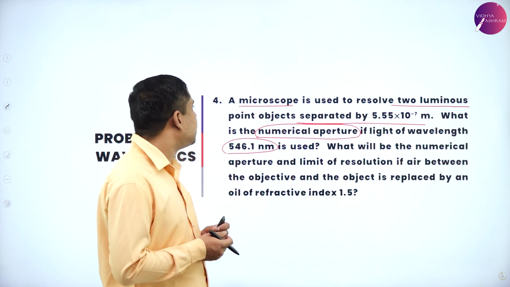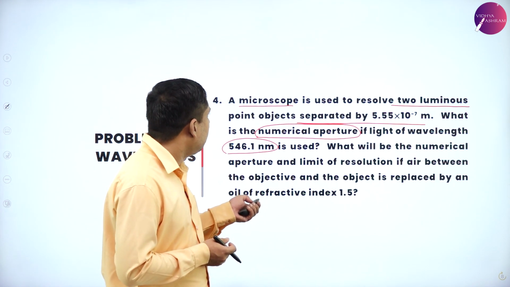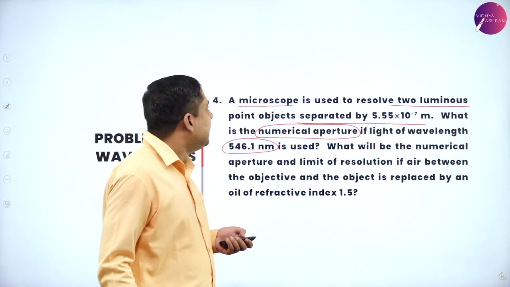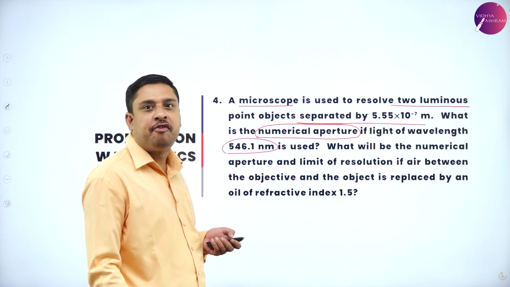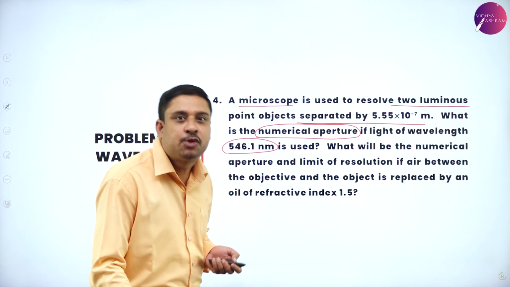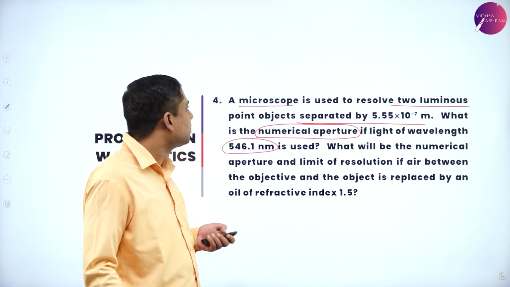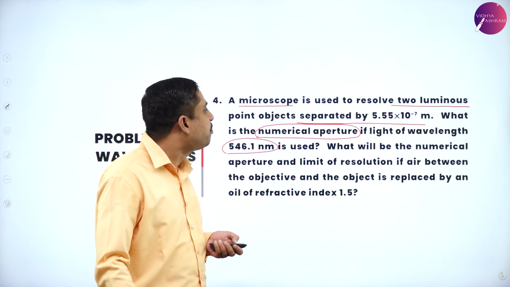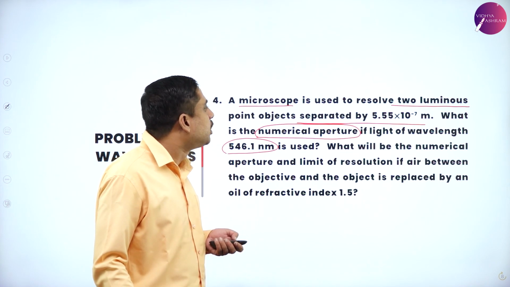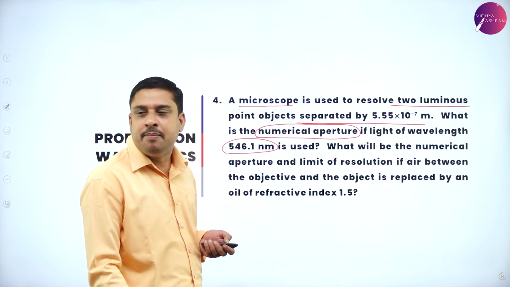Now the problem says a microscope is used to resolve two luminous point objects separated by 5.55 into 10 power minus 7 meter.